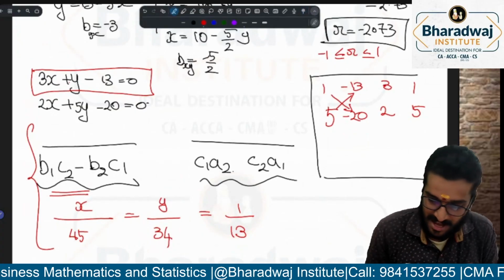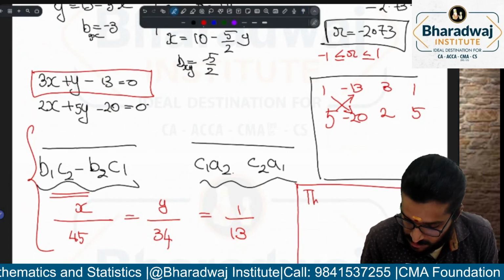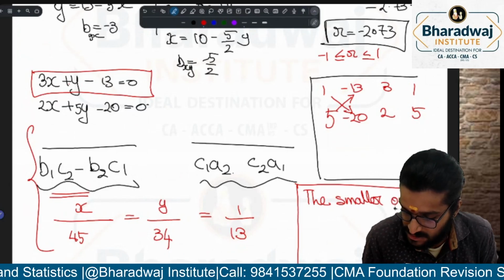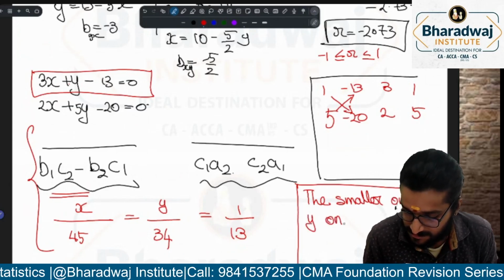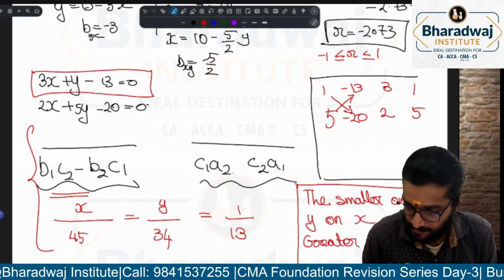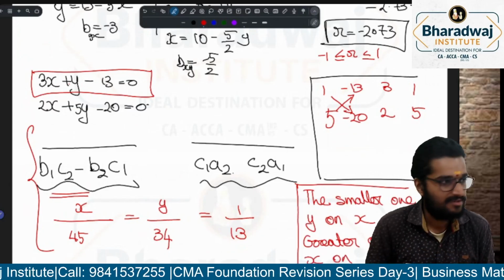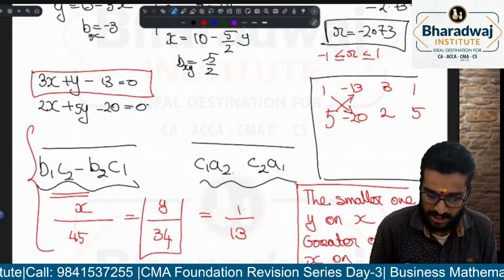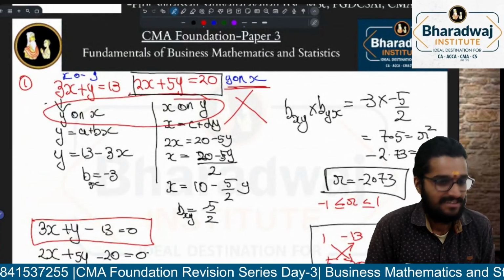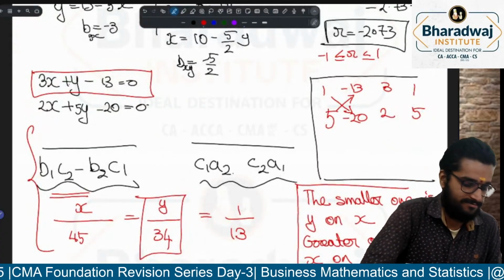So in such a scenario, after doing the cross multiplication, the smaller one is y on x, the greater one is x on y. The second equation is y on x, that's what we have discussed. And the greater one is x on y.